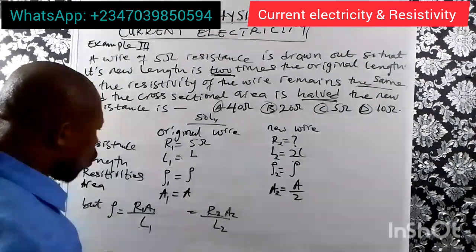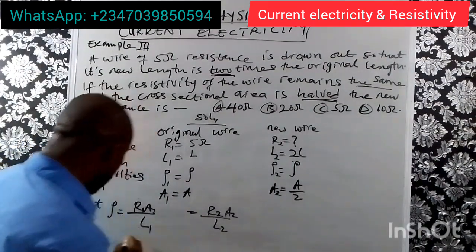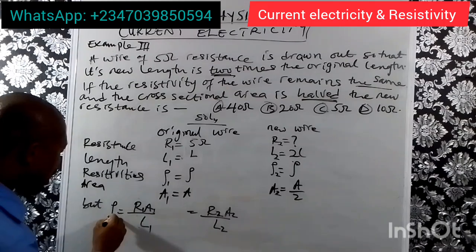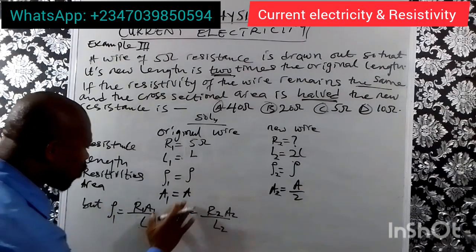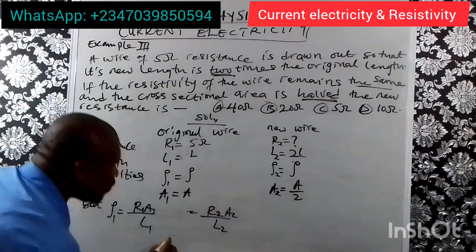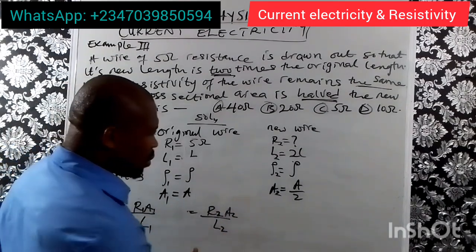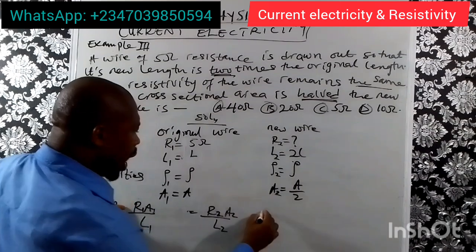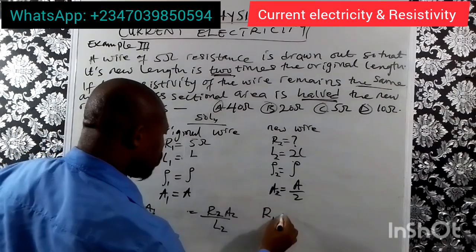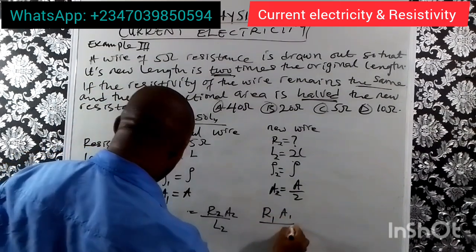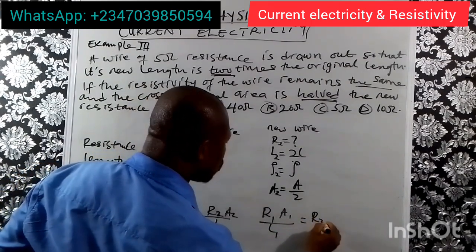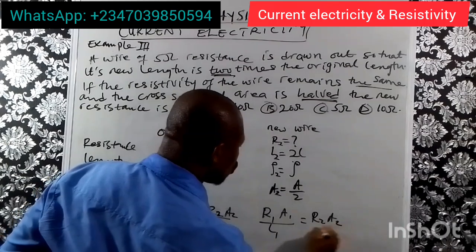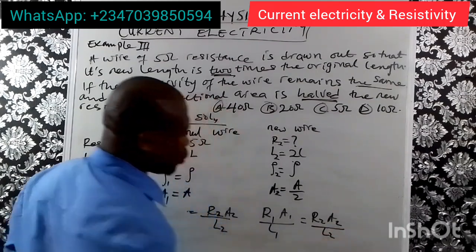When we equate the two, this one is equal to this. Please permit me to write here before I clean. R1 A1 all over L1 is equal to R2 A2 all over L2.